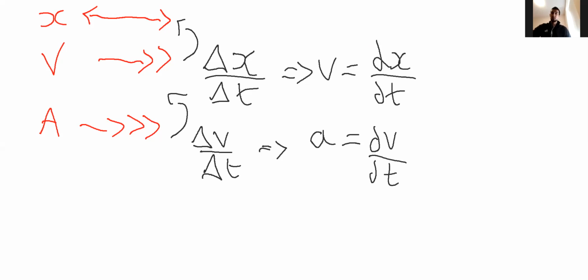So let's represent this graphically. So let's say that our acceleration, or let's start with displacement. So let's say we have t on the x-axis and displacement on the y-axis. So let's say our displacement is gradually increasing at a constant rate.